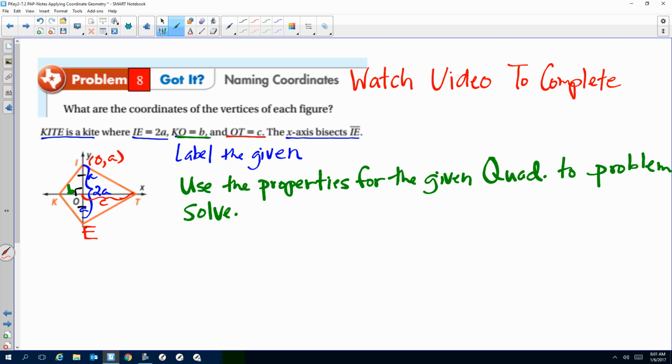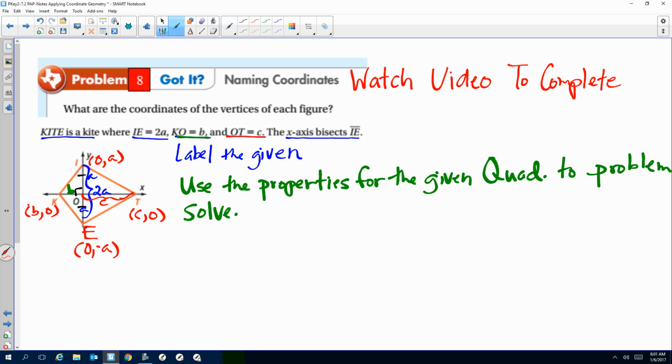If I'm doing T, it's on the x-axis, so it has to have the horizontal distance of C and then 0. E is on the y-axis, so we're looking at 0 and then negative A, same distance. K is on the x-axis, has a horizontal distance of B, and then that would be 0.